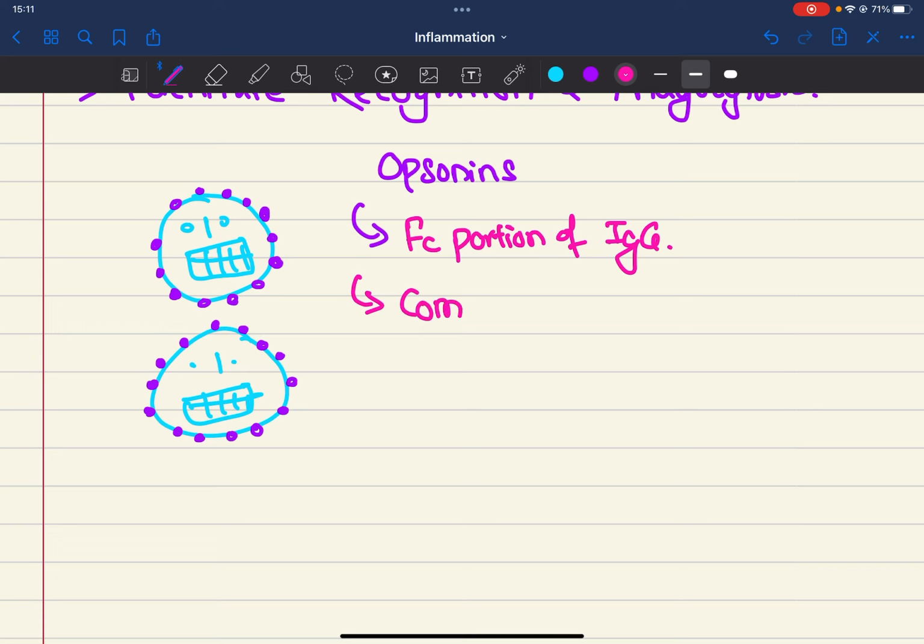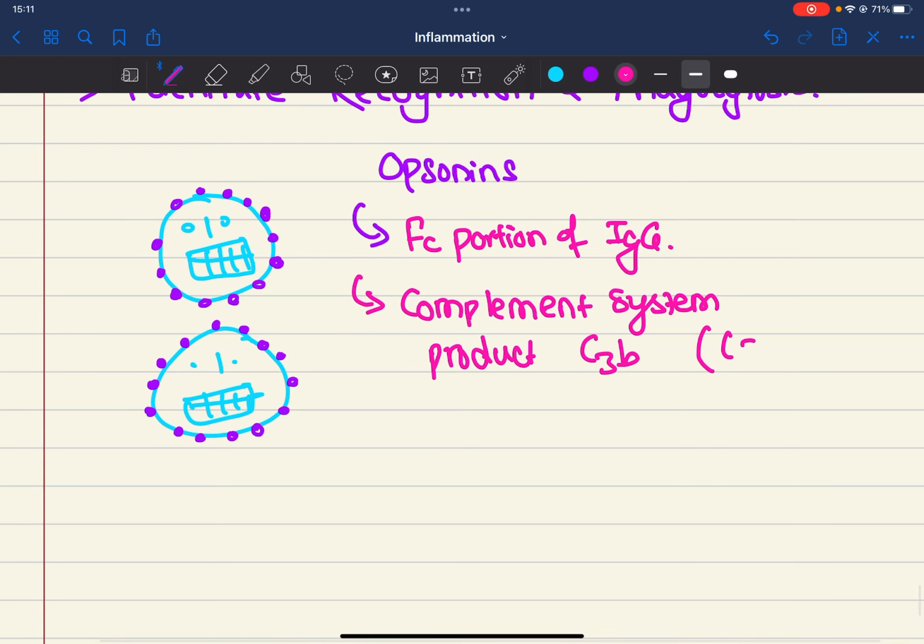Second one is the complement system. I think we have discussed the complement system as well. Complement system product C3b is an opsonin, whereas C5a was a chemotactic agent. And a plasma protein, collectins, are another plasma protein also responsible for opsonization.